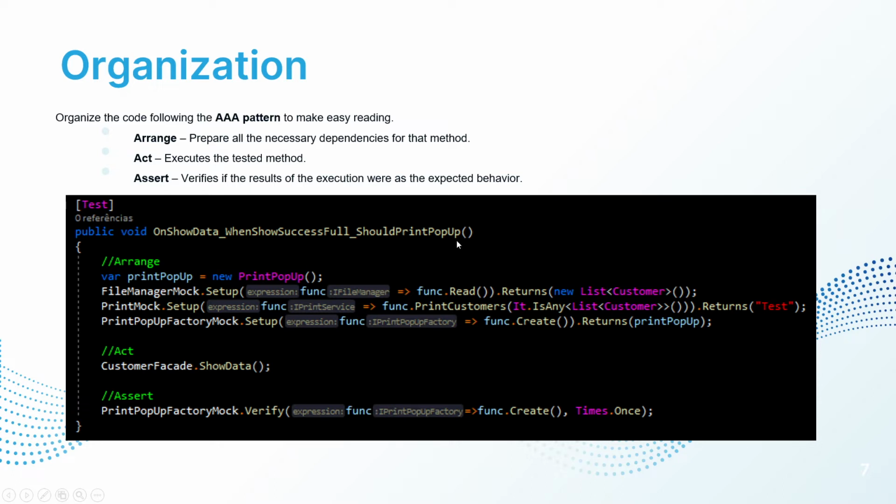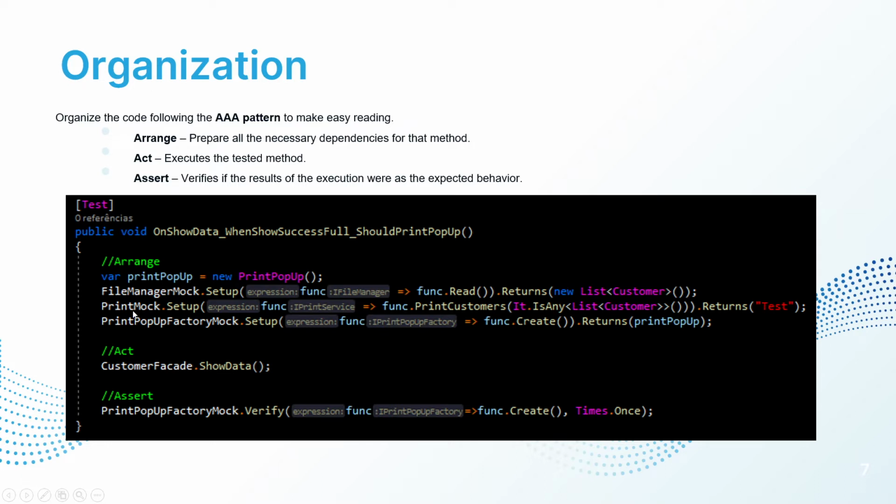Once you have Windows Forms, it's harder to test a few things. But in this case, we receive a print pop-up. We do a mock for the file manager, and a mock for the print itself.